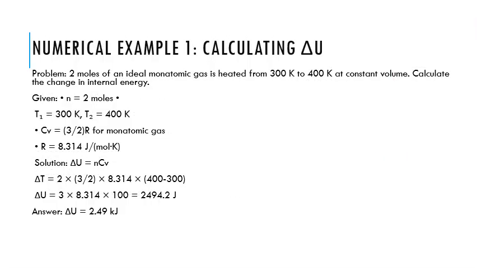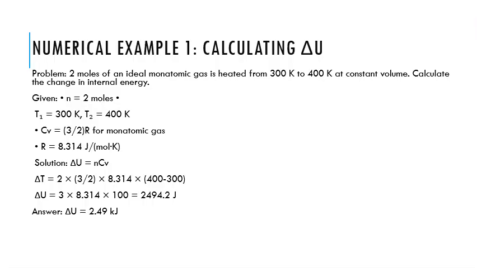Now calculating delta U, let's do a practical example. Suppose we heat 2 moles of monoatomic ideal gas from 300 Kelvin to 400 Kelvin at constant volume using Cv is equal to 3 by 2 R, and R is equal to 8.314 joule per mole Kelvin.